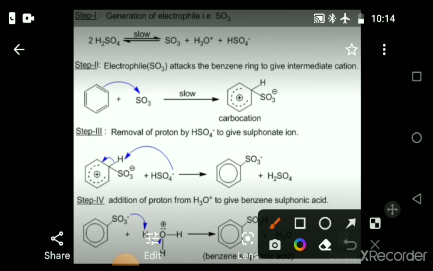The reaction is reversed by adding hot aqueous acid to benzene sulfonic acid to produce benzene. That's why the sulfonation reaction is called reversible.